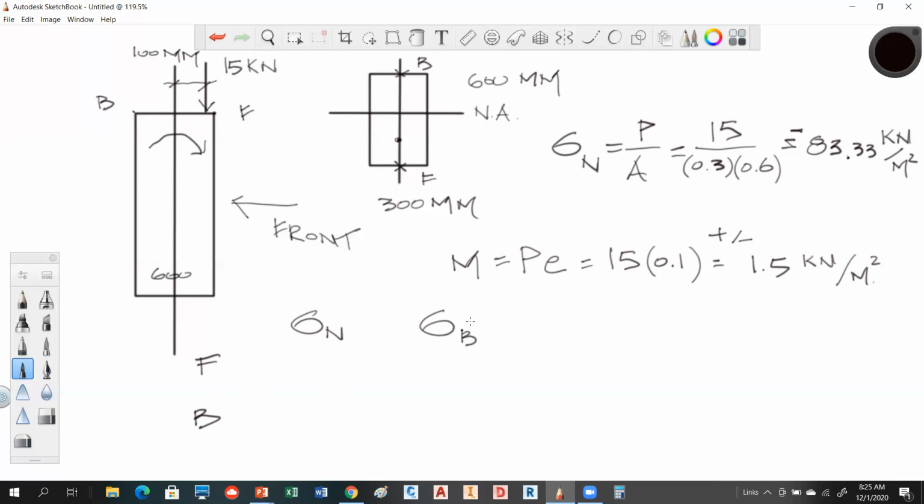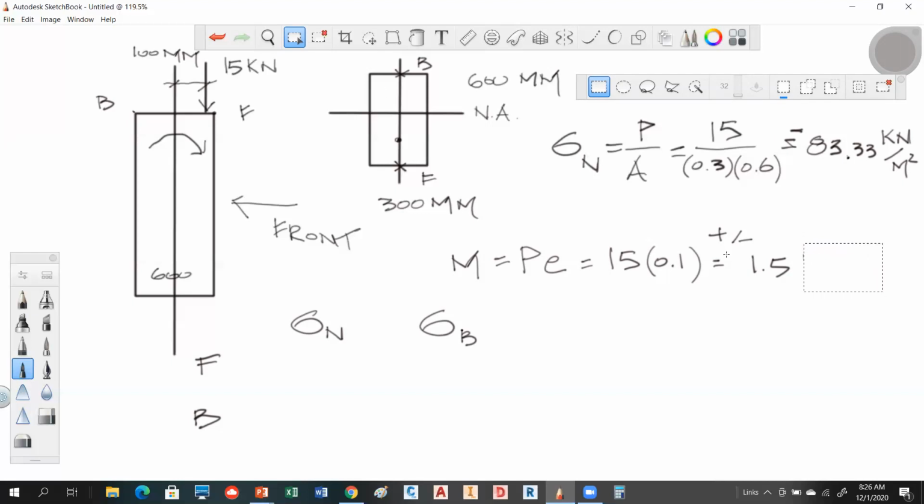We haven't calculated... I need to back up. I screwed up here, I went ahead of myself. This unit's incorrect. Did nobody catch that? What I calculated was the moment. I didn't calculate the stress yet.